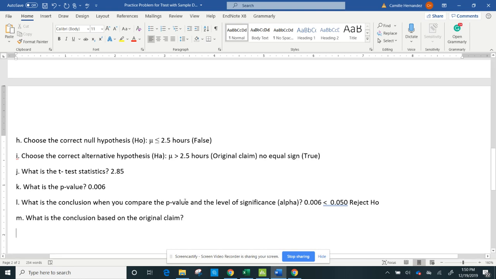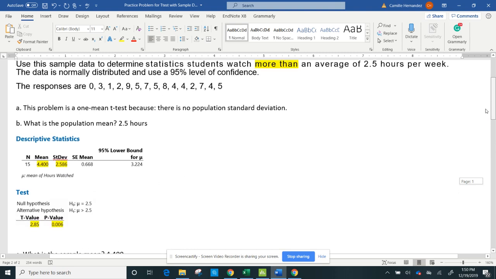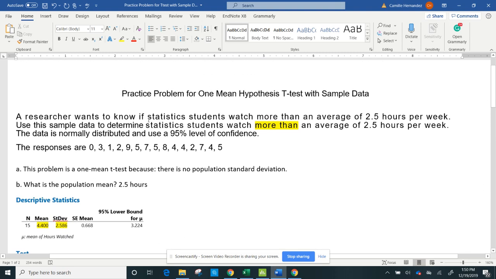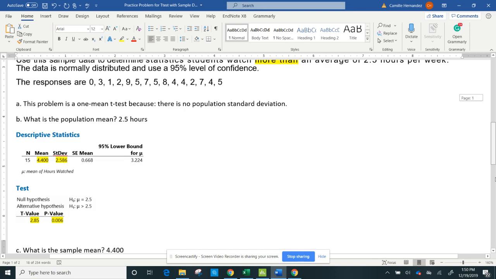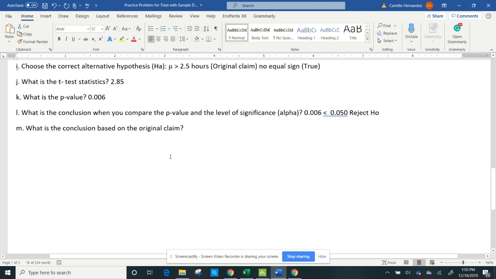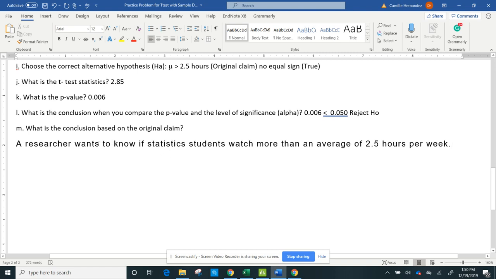Because remember, my original claim was that the mean hours was greater than 2.5, and that's a true statement. So I'm going to go back up and see what it was asking for. It wants to know, a researcher wants to know if they watch more than an average of 2.5 per week. So what I'm going to do here is copy and paste my original claim, and I'm going to change it a little bit.